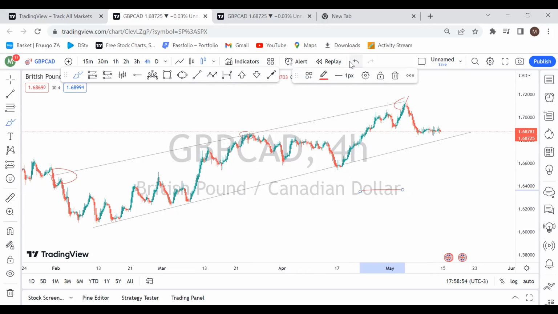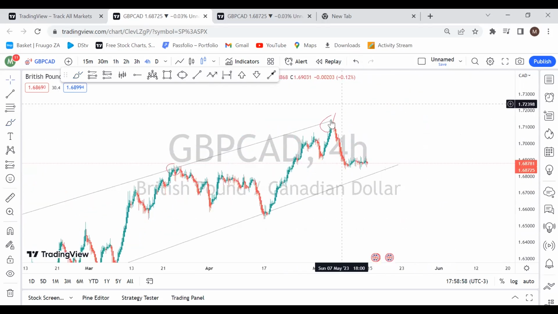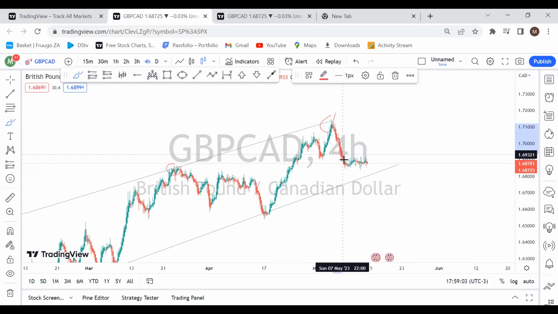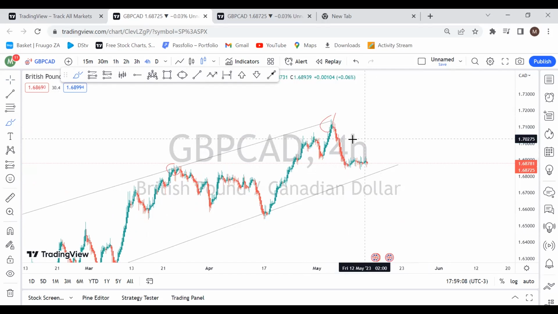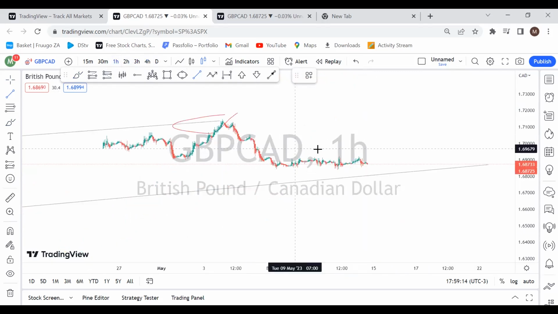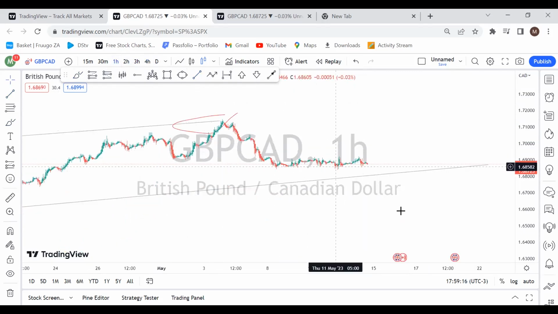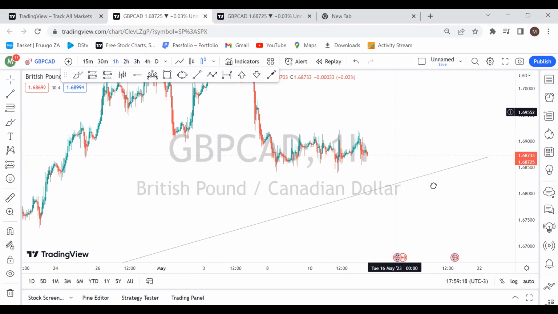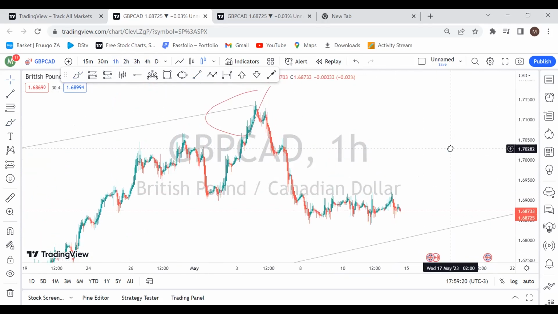Okay, so now we have the rejection on the third touch, right? As you can see, the price rejected to the downside, which is very clear. From this point, we're just gonna scale down to the hourly time frame to see what really happened and what is basically forming.